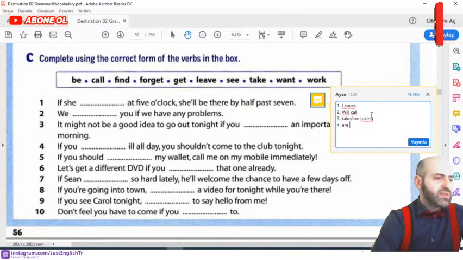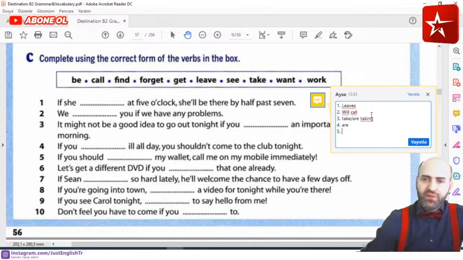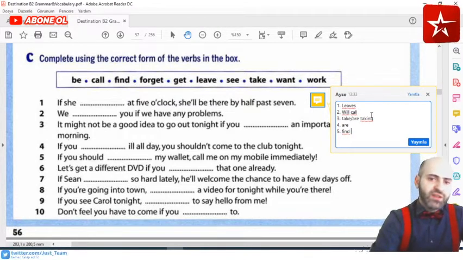I see comments from Machinist Man and Hussein and Vanya. Find. Yes, guys, you are correct. Number 5 is find. If you should find my wallet, call me on my mobile immediately.